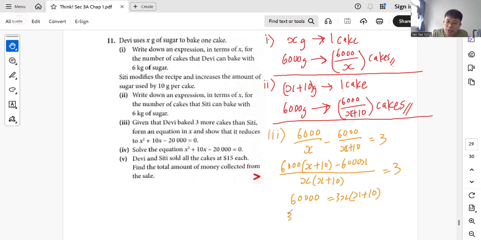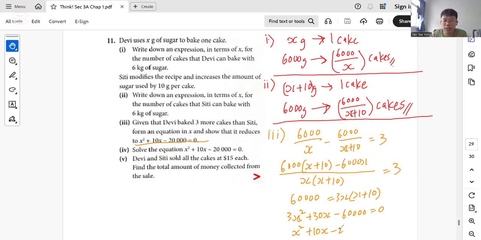So 3x squared plus 30x minus 60,000 equals to 0. So just simplify it, because they want this equation. Right, so x squared plus 10x, factorize out 3 and divide 3 over.